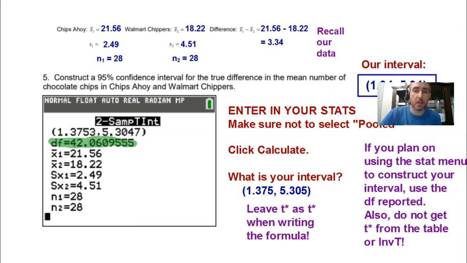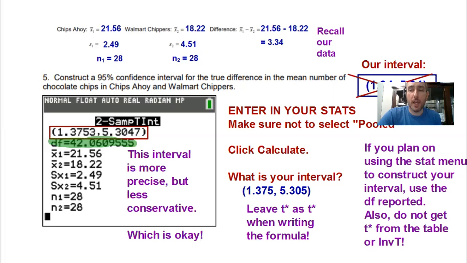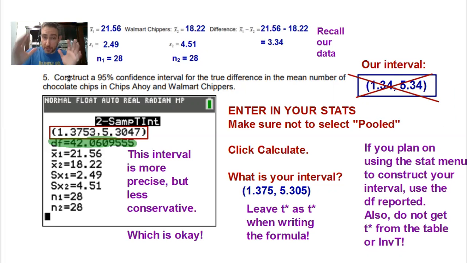So leave t-star as t-star, basically, is what I'm saying. And it's okay to use the calculator interval. It's more precise, but less conservative. It's still the same confidence level. It's some calculations for that degree of freedom, which I have no idea how it was gotten, so I actually had to look it up, and I'll show you that formula.